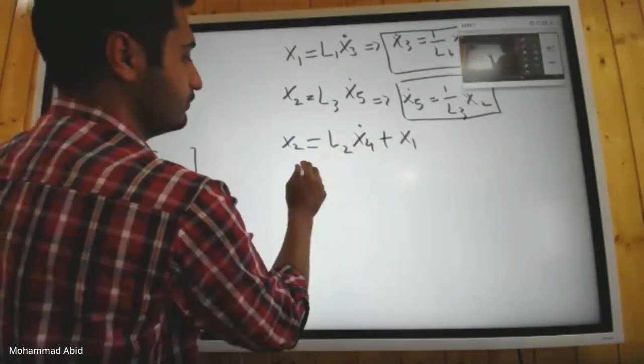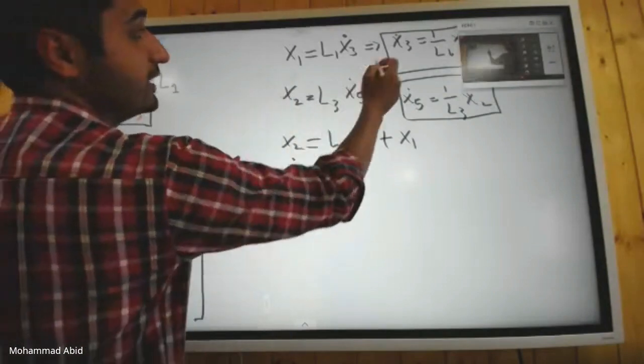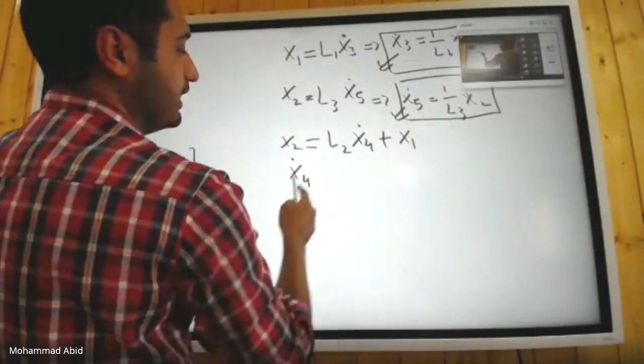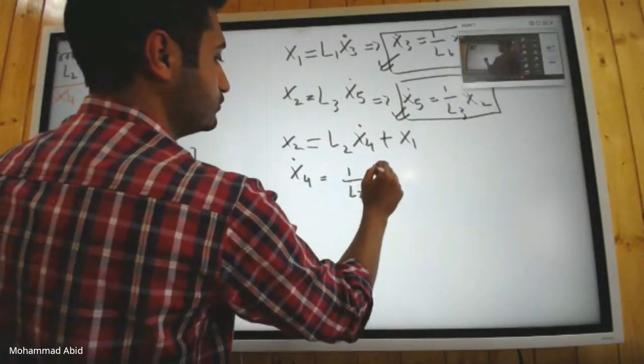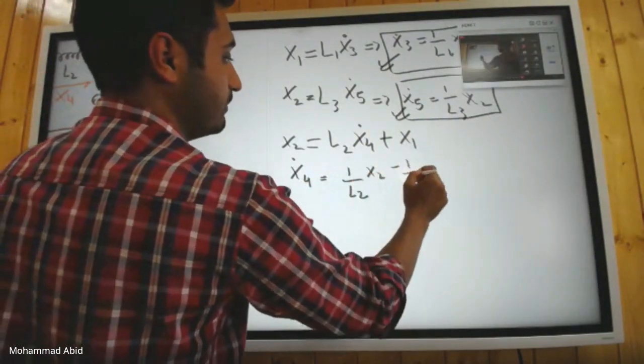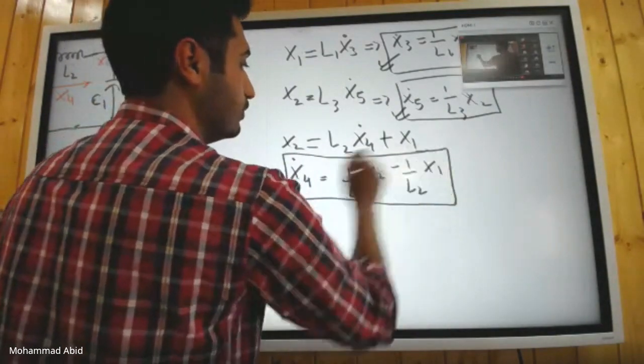So you can get the equation for x4 dot. You just have to separate out the dot terms. Here x3 dot, here x5 dot, and I'm going for x4 dot. That's 1 by L2 x2 minus 1 by L2 x1. That's your other equation for x4 dot.